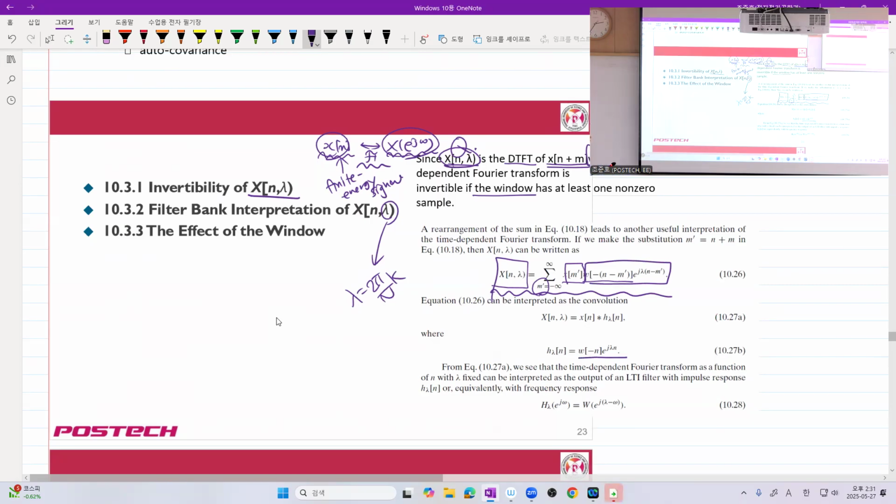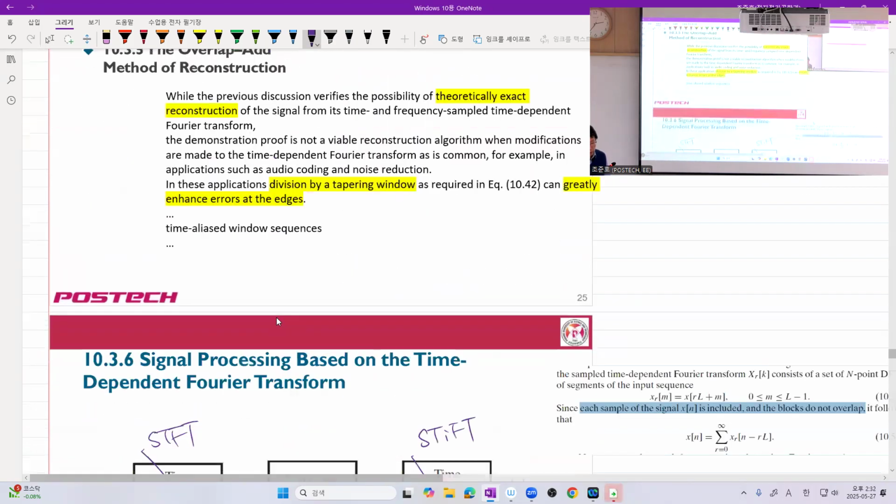The impulse response is the time-reversed window times e to the j lambda n. So each filter, h lambda, has this impulse response. Since we have a fixed time-reversed window modulated, by changing the value of lambda, we shift the spectrum of the filter in the frequency domain.